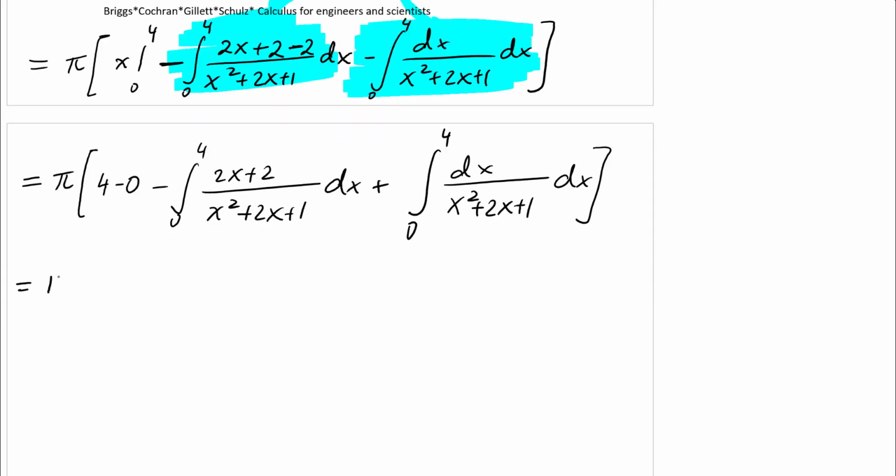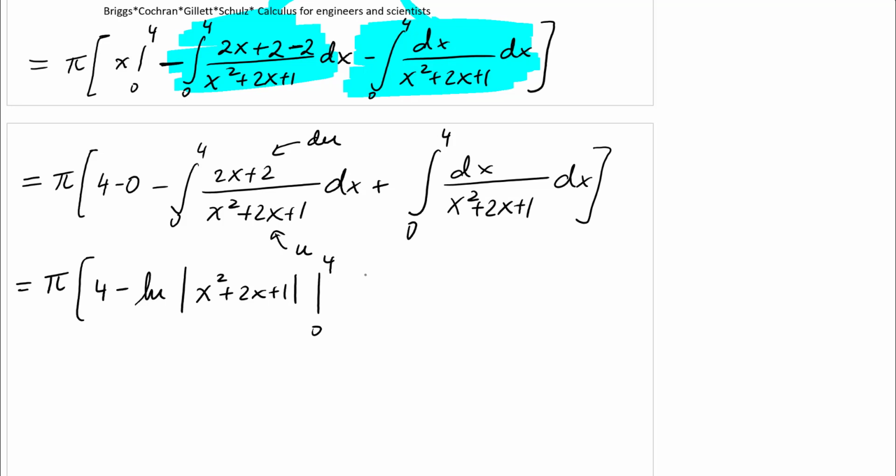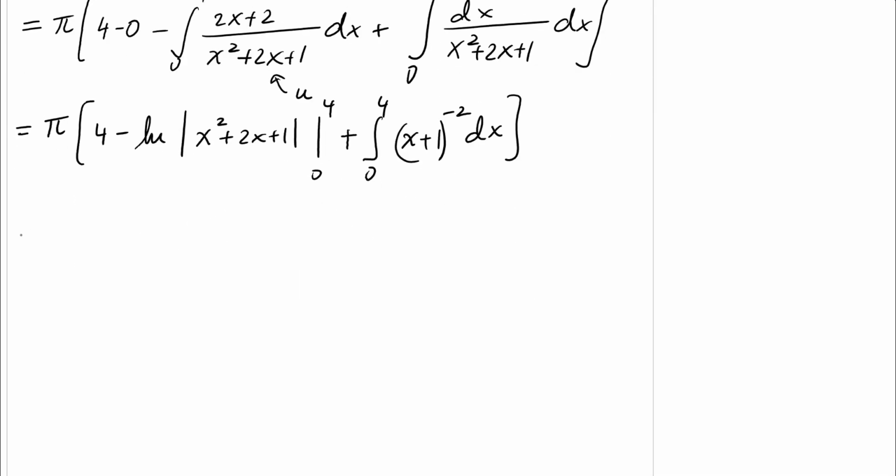So we get pi times 4 minus, now this is u and this is du, so it's going to be ln of the absolute value of x squared plus 2x plus 1 evaluated from 0 to 4, and then this one I can write as the integral from 0 to 4 of (x plus 1) squared at the denominator, so minus 2, because I can calculate it right away.